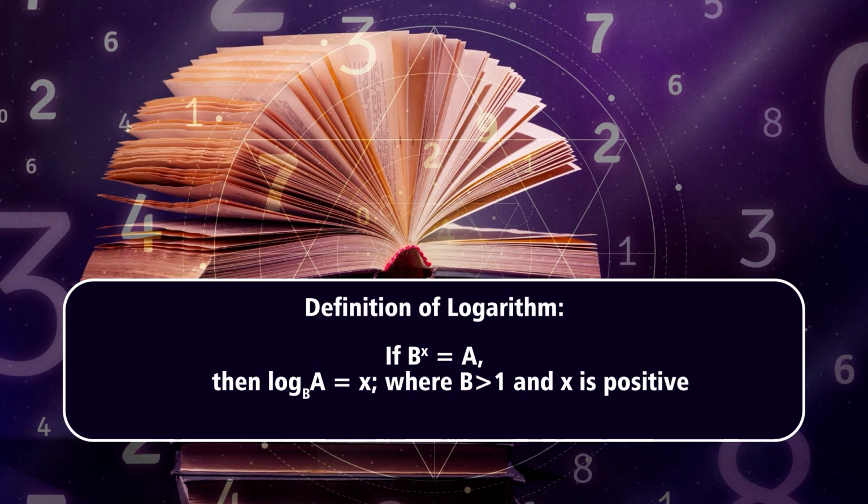So b is the base of that particular representation or exponent, and a is the value. Now it is slightly reversed: you are taking log of a with the base b, and it equals x. And once again, the value b is always greater than 1 and x is positive.